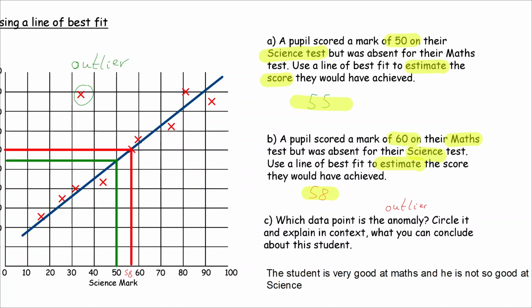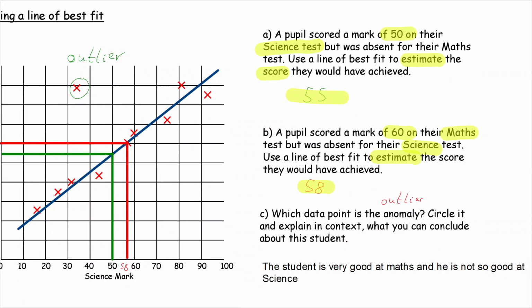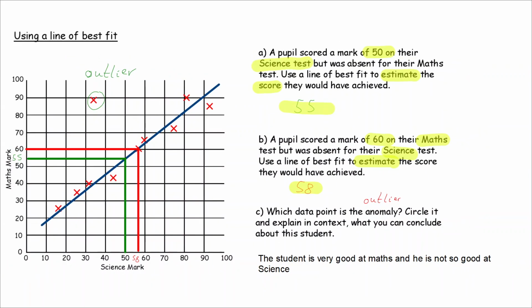Okay, and that's it. That's gone off the page a bit, hasn't it? So let's move this across a little bit. Hopefully you can see that. Actually, let's zoom out. That will work. There we go. Perfect.